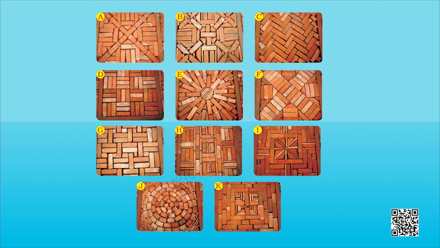Patterns with mirror halves are nothing but the patterns which look the same at both the sides when a line is drawn in the middle. Let's draw a line and see. Yes, you are right. In all these patterns, we can see the mirror halves.